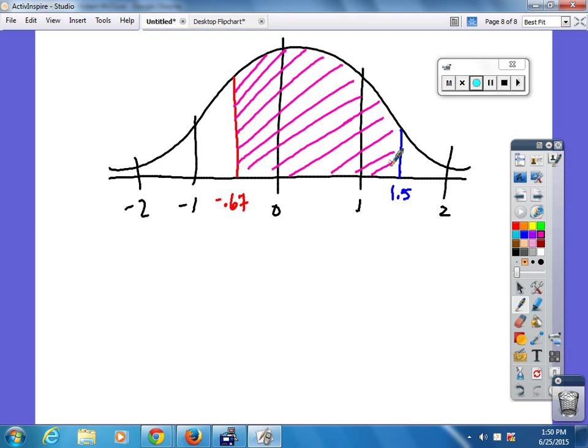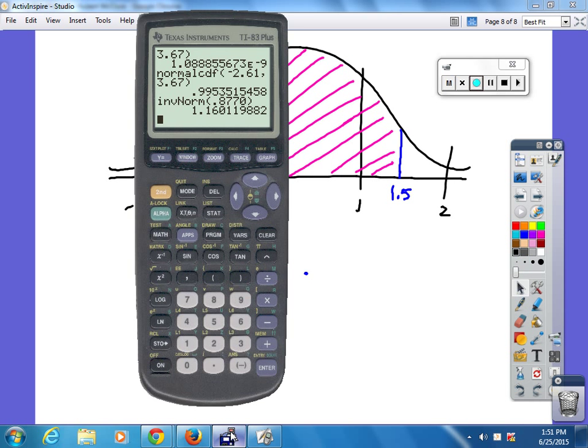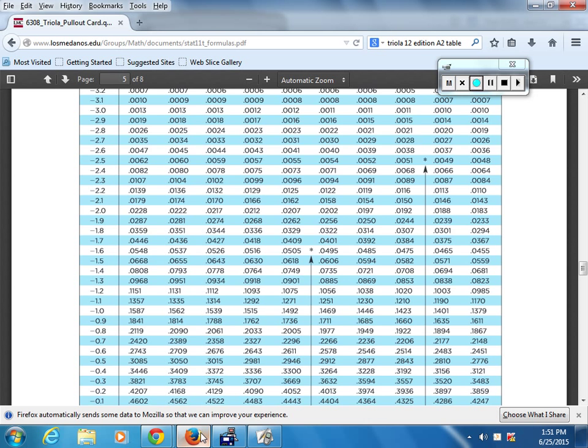All right. Somebody look in your table and give me the area in 4 digits of 1.5. Oh, y'all have a table? All right, table. 1.5.